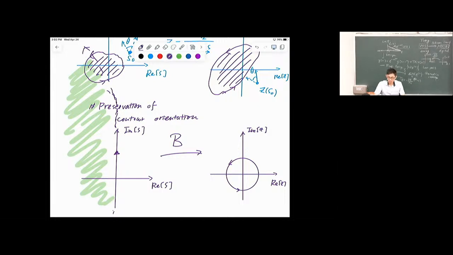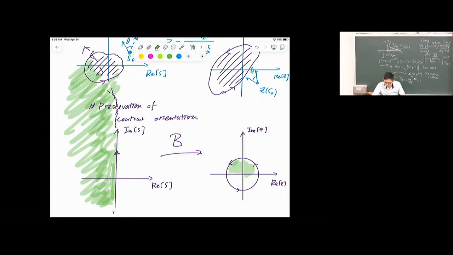So now the inside or left-hand side of this contour is right here, right? The entire left half plane is now mapped to the inside, to the left-hand side or the inside of the unit circle. It's mapped to the inside.